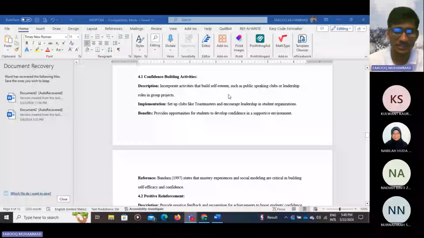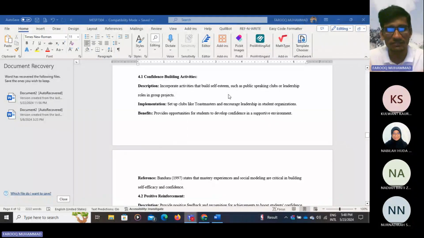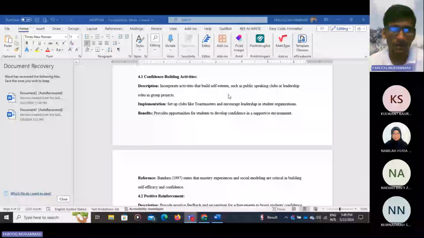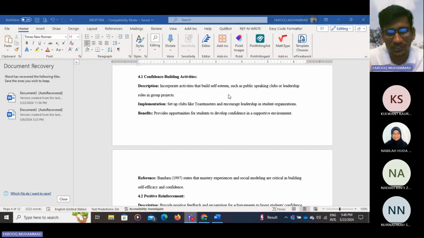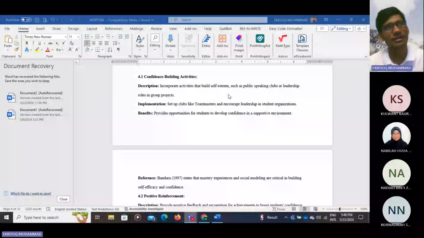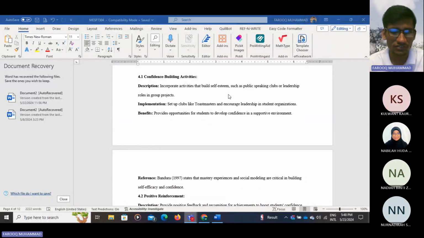Confidence building activities, like mentorship, such as public speaking clubs or leadership roles in group projects, so he or she can build a very good character and confidence. Besides this, we can use clubs and organizations to speak up. We can have debate organizations to build up our confidence.